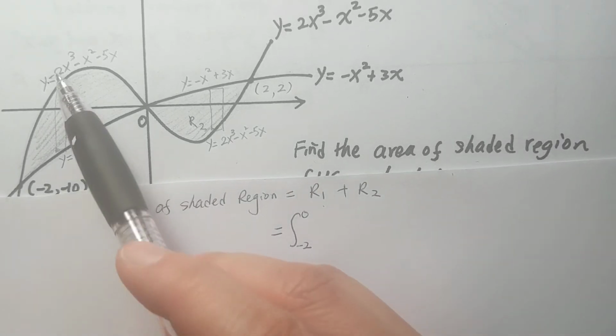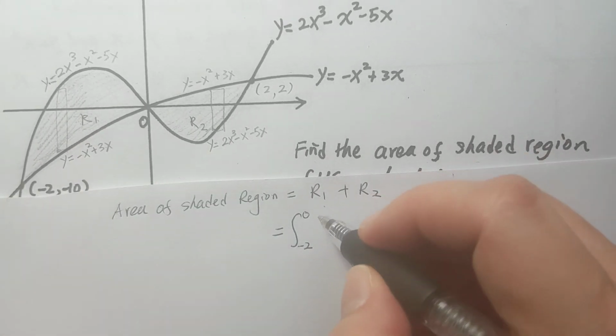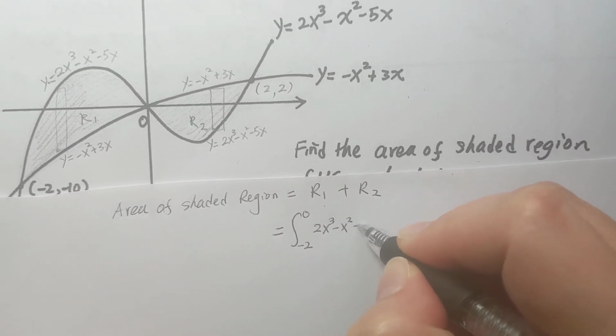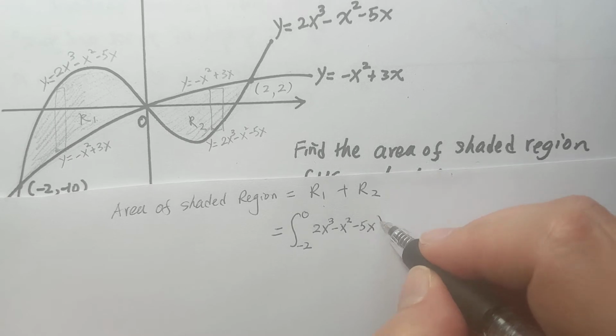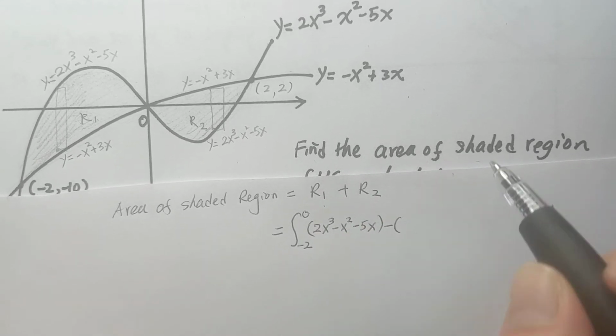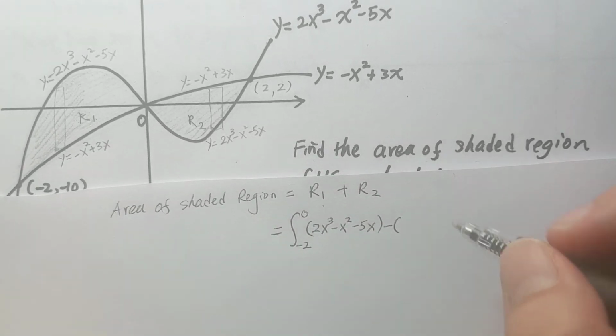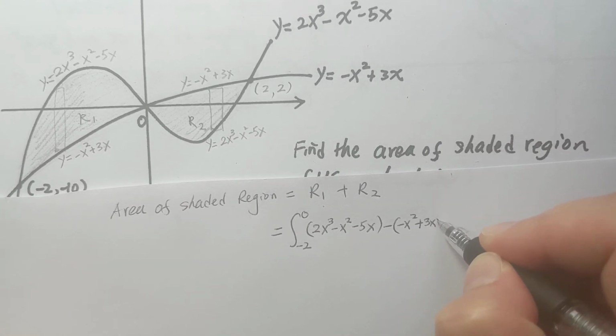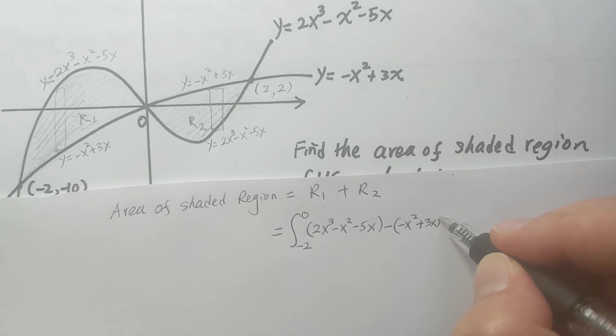The top function is this one, so we're going to put 2x cubed minus x squared minus 5x, and then subtract. Your bottom function is a binomial, so you have to enclose it inside the parenthesis, and then dx.